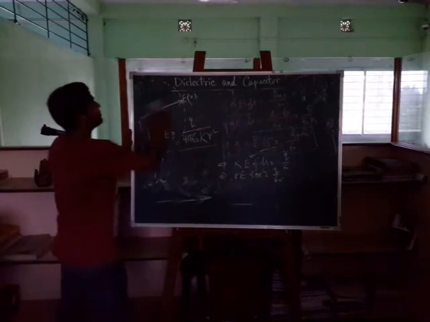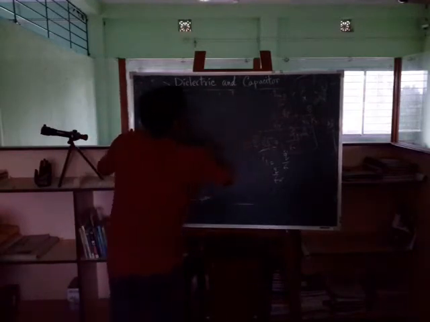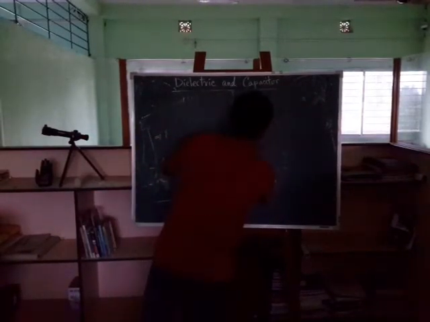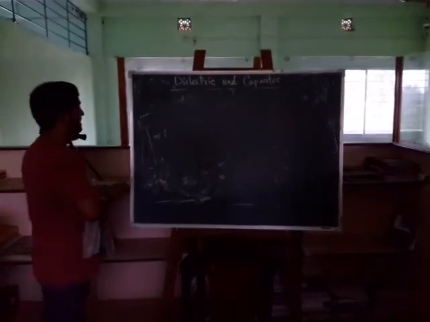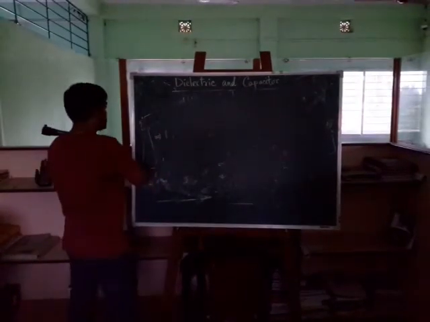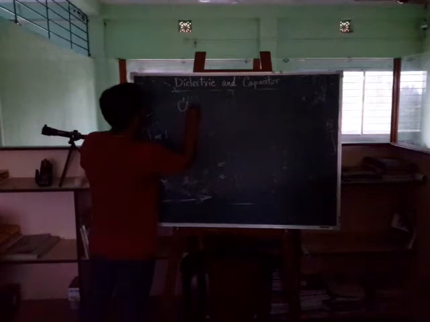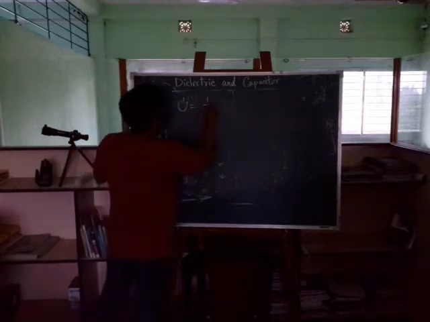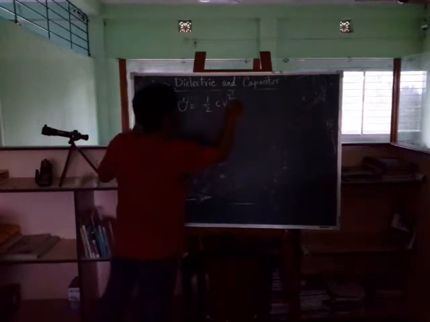Alright, so we are almost done. Last couple of things. One is that the total energy stored in a capacitor, we have found out, is half CV square.